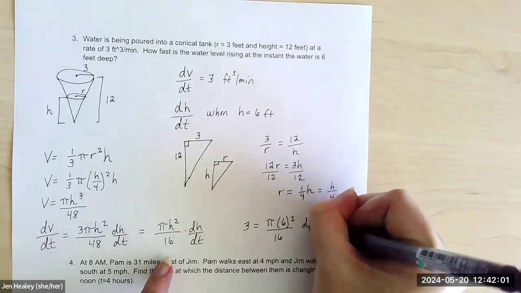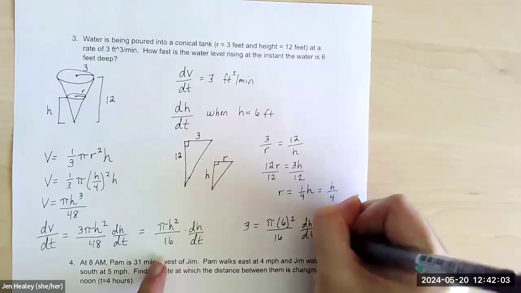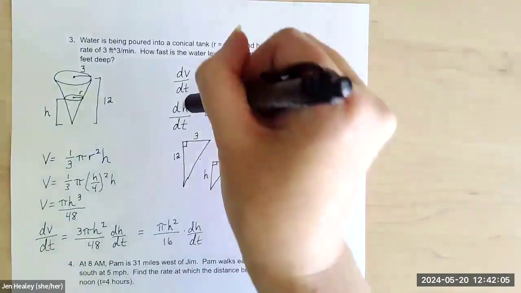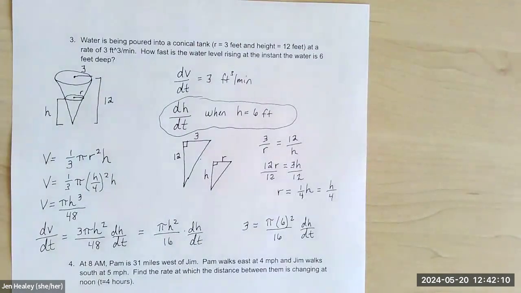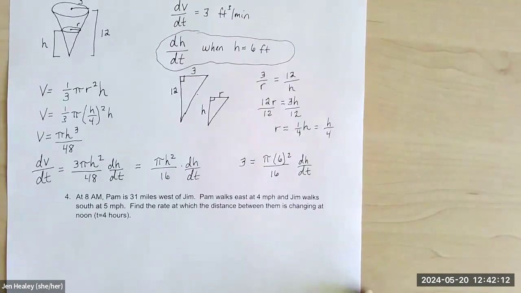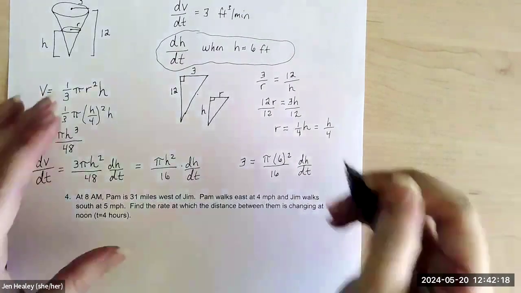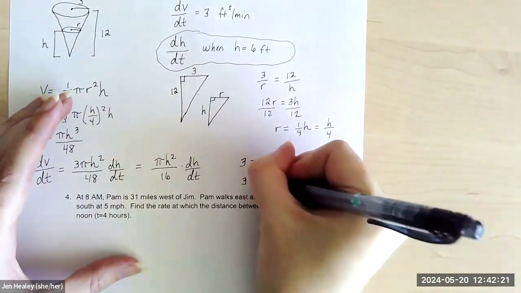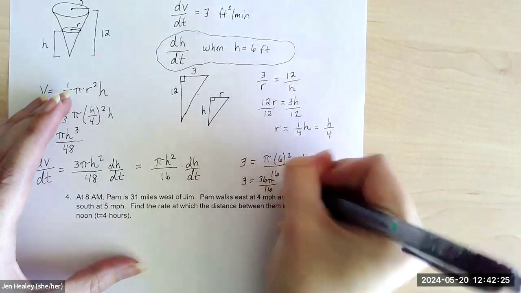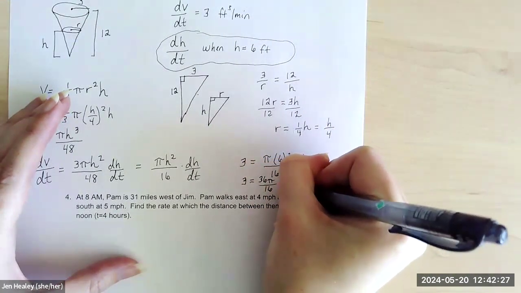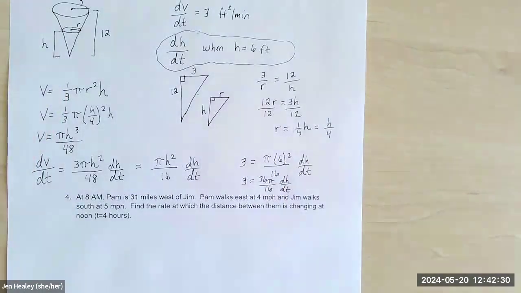And then dH dt is the thing you're solving for, because it said find dH dt when H is equal to 6 feet. So this will become 36 pi over 16 dH dt.